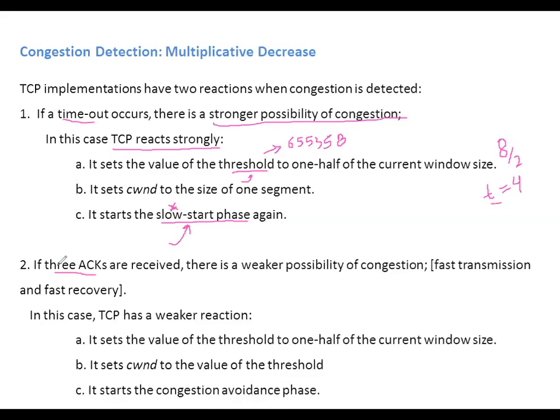For example, let us say the sender transmitted 4 segments, and let's say that the first segment was lost, but the sender received acknowledgement for the remaining 3 segments. Now for those remaining 3 segments, the acknowledgement number will be the number for the first segment.